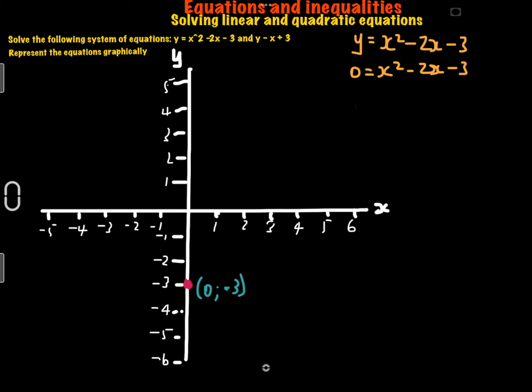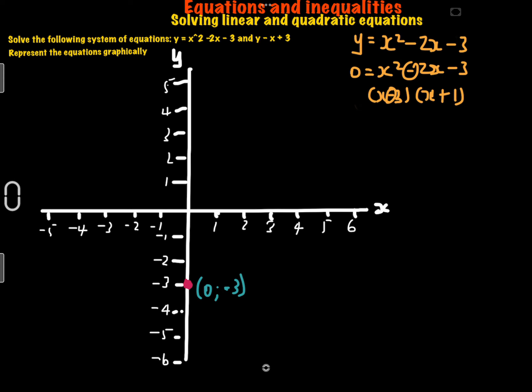Now, by factorization, I have x and x in parentheses, and then 3 and 1, because the middle coefficient is -2x, so we have -3, and negative times negative gives us positive, multiplying these together gives positive, and the last is simply 1.